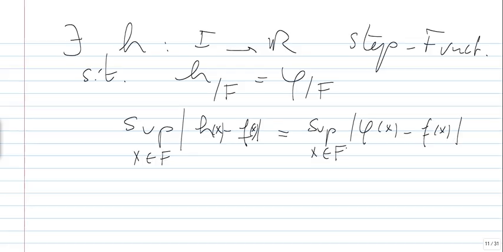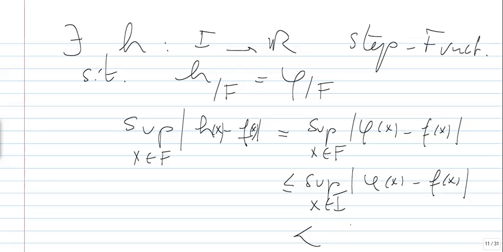Because phi and h coincide on F. And this is less than the sup of phi of x minus f of x over the entire interval I, which is less than epsilon, which proves exactly what we want.